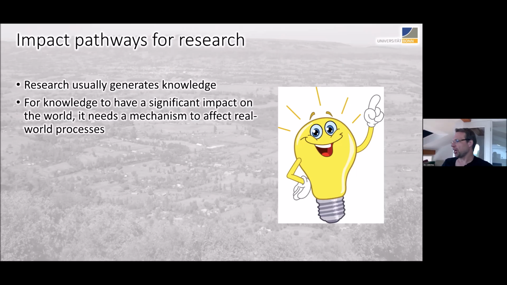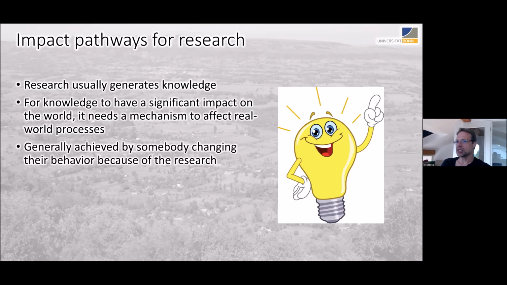For this to really have a significant impact on the world, we need some sort of mechanism for this knowledge, which is this theoretical thing only, to affect real world processes. Generally, this is achieved by somebody somewhere out there in the right place changing their behavior because of the research we've done. The knowledge we have generated impresses people so much that they do things differently and better than they otherwise would have done.